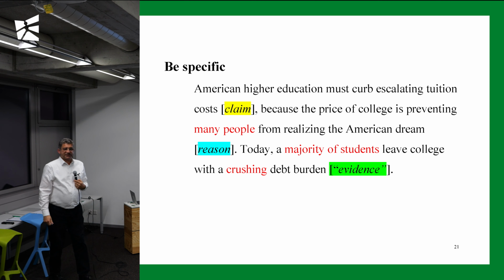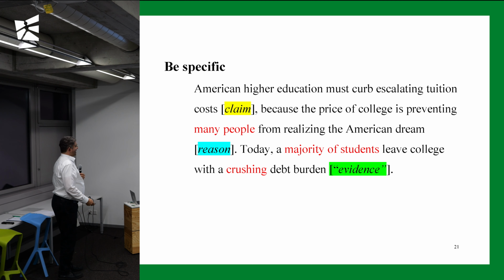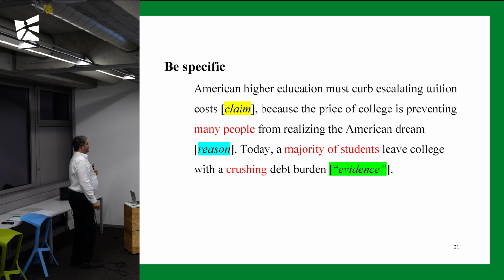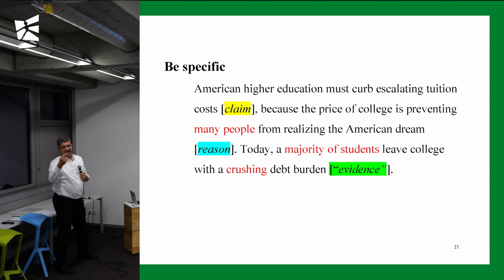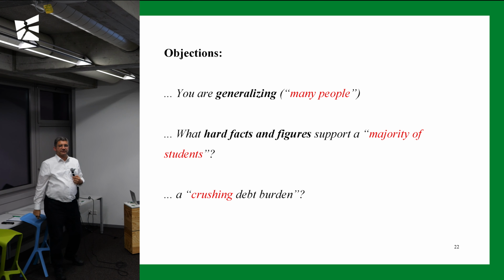But my reader's going to say, well, I don't understand. How many people are many? If you say a majority of students, you mean 51% or 86%? If you say a crushing debt burden, unless you quantify in dollars, that doesn't mean anything. So my reader, and I haven't anticipated this reader's objection, says, you're generalizing.